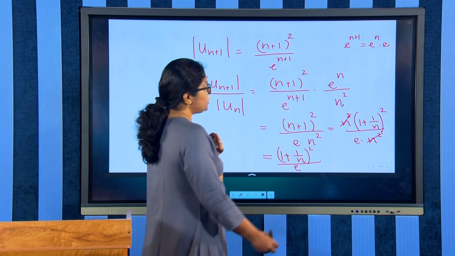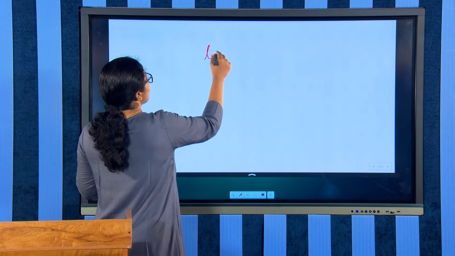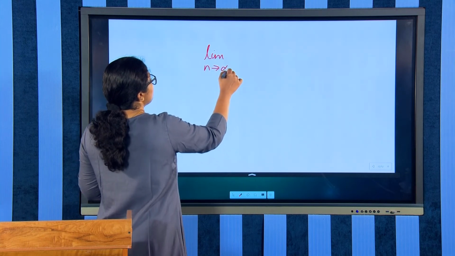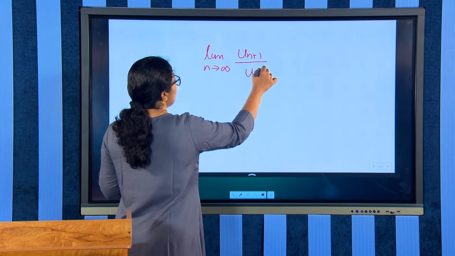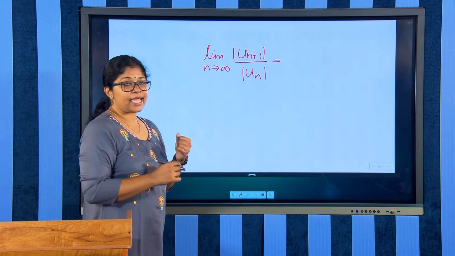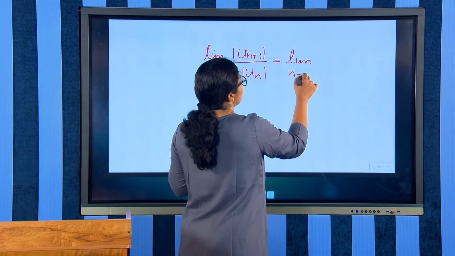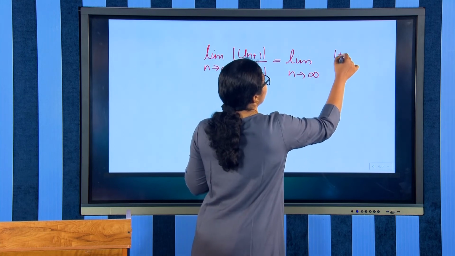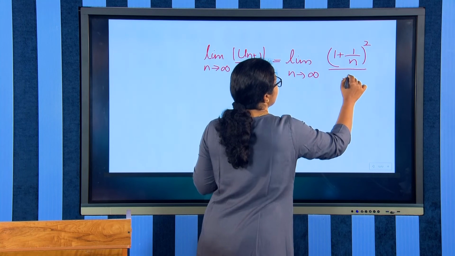So, as n tends to infinity, the limit of the absolute value of u_(n+1) upon u_n is equal to the limit as n tends to infinity of what we have obtained now, (1 + 1/n)^2 / e.